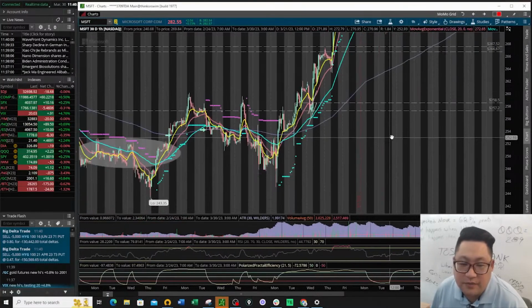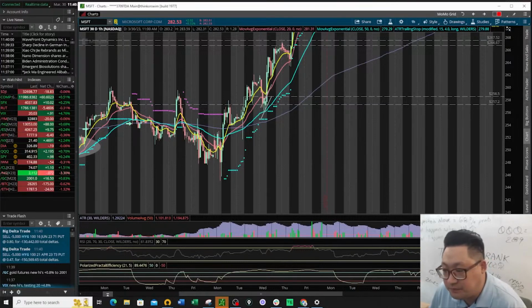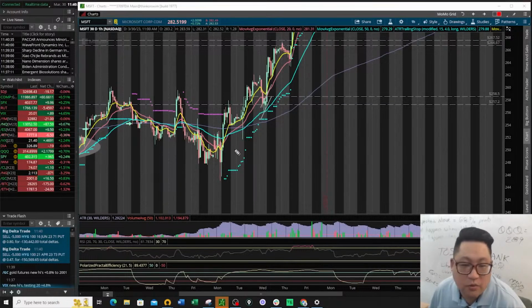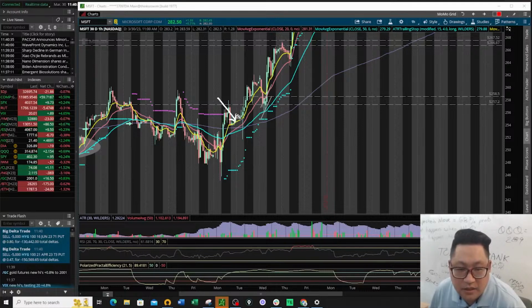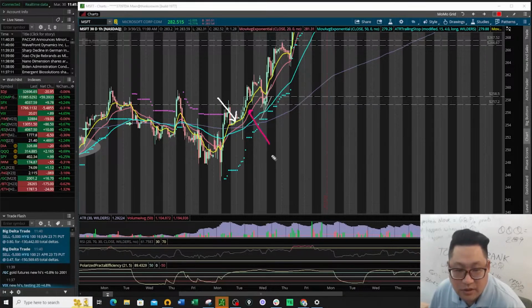So looking at it from the standpoint of the 9 EMA, that is what we're looking to cross up. The 9 EMA would be the yellow line right here. The pink line in the middle, which I'll highlight with a pink arrow, right there, that is the 20 EMA.